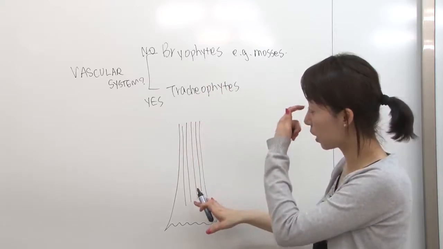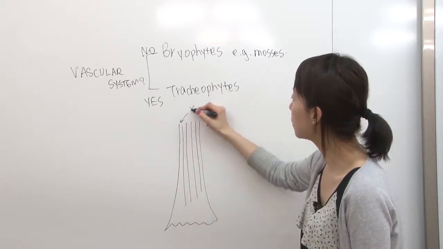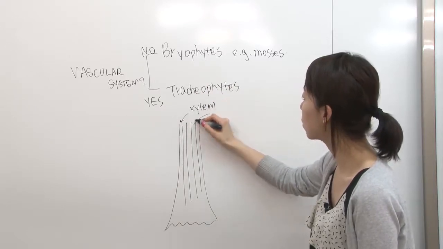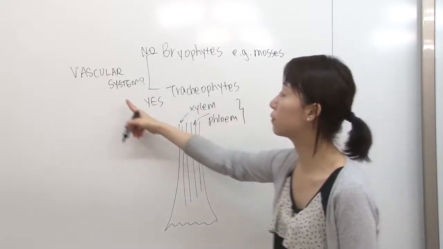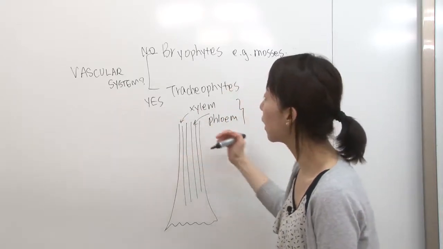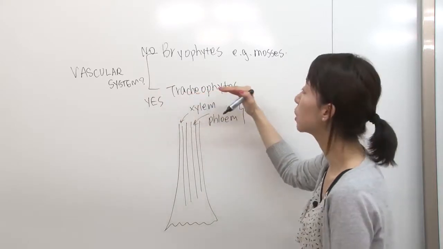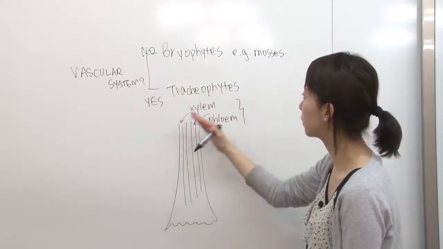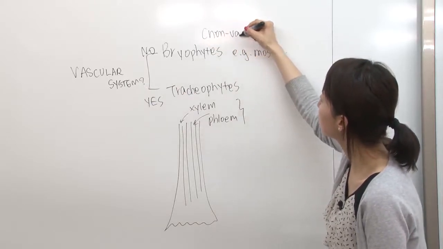In order to do that, they need a vessel. One of them is called xylem, the other one is called phloem. These two combined is called the vascular system. The ones that have a vascular system are called tracheophytes. The ones that lack this kind of system are called bryophytes. These are non-vascular plants.